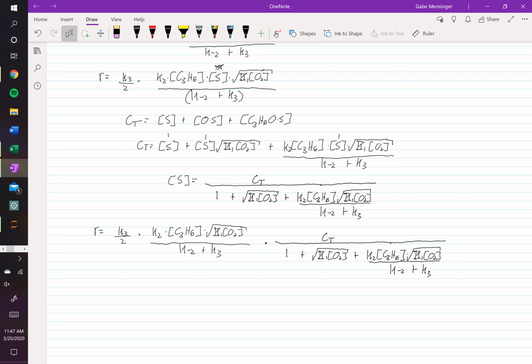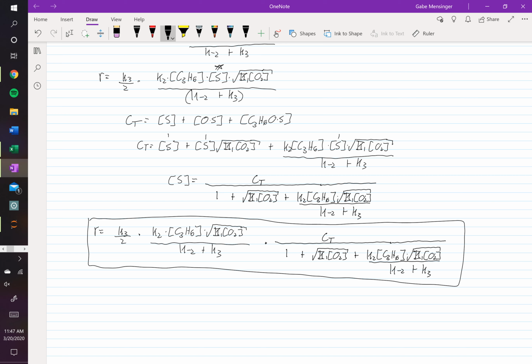And then we also have the sites that are occupied by the oxygen and the acetone. So there is our answer for part A.